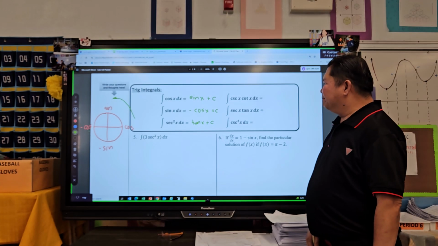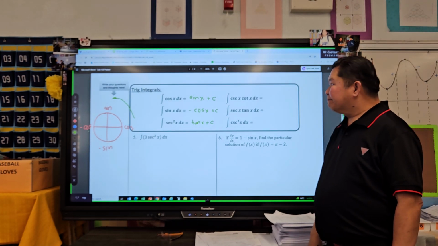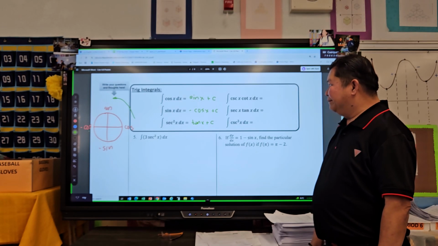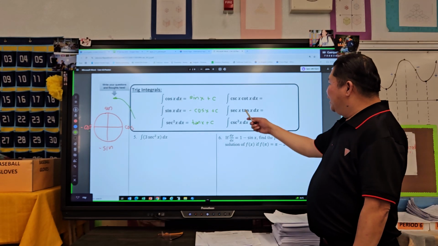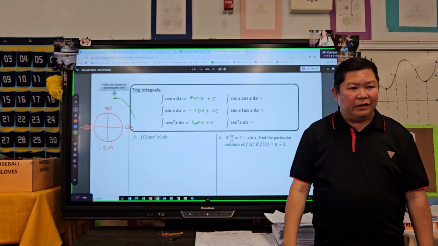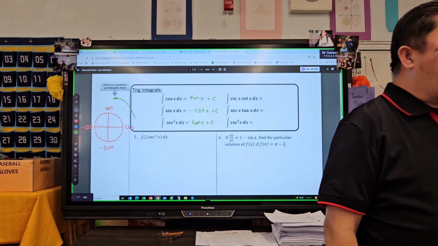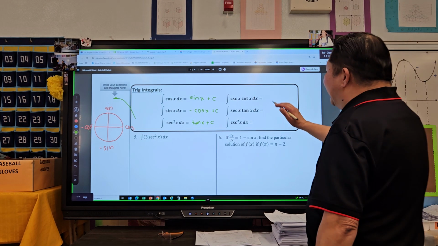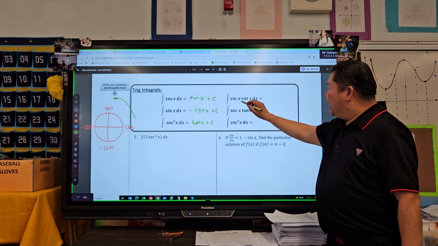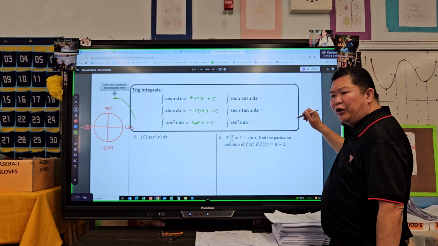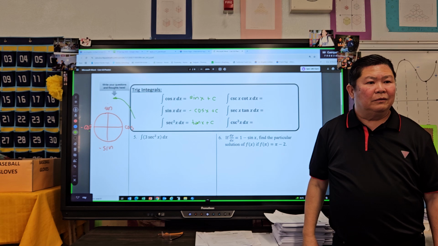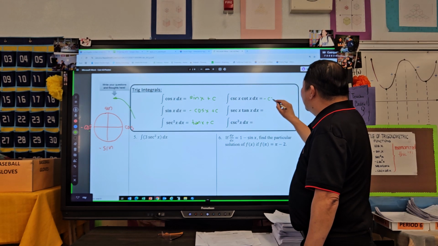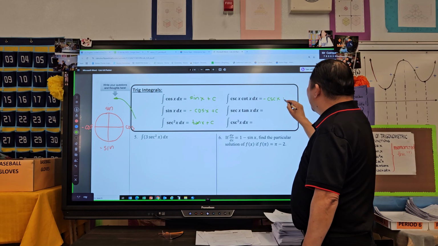Now, remember the next one. Cosecant times cotangent must be negative. So, negative cosecant. This is how you memorize. The first is cosecant, therefore your answer is cosecant, but it's gonna be negative: negative cosecant x plus the constant.